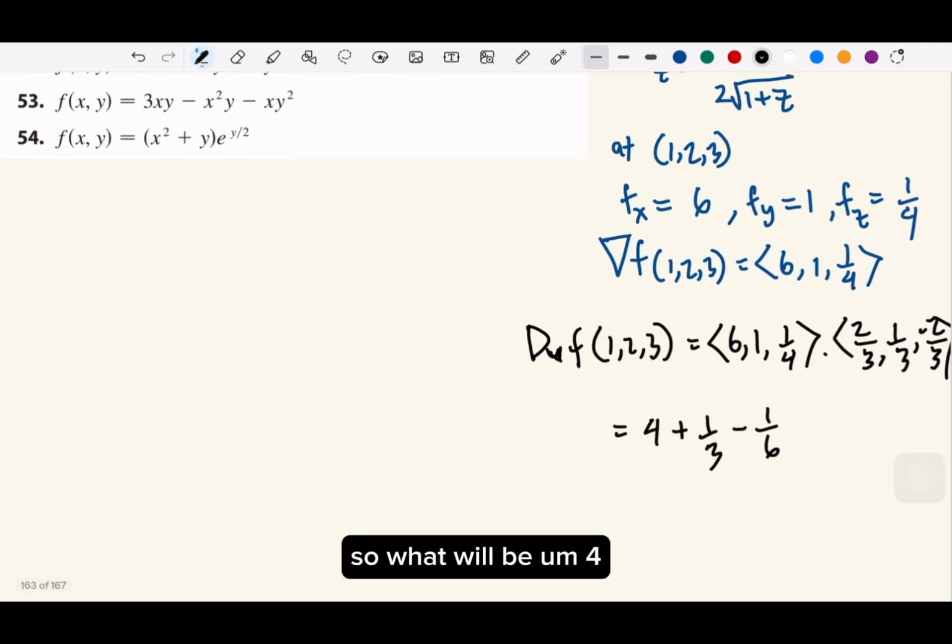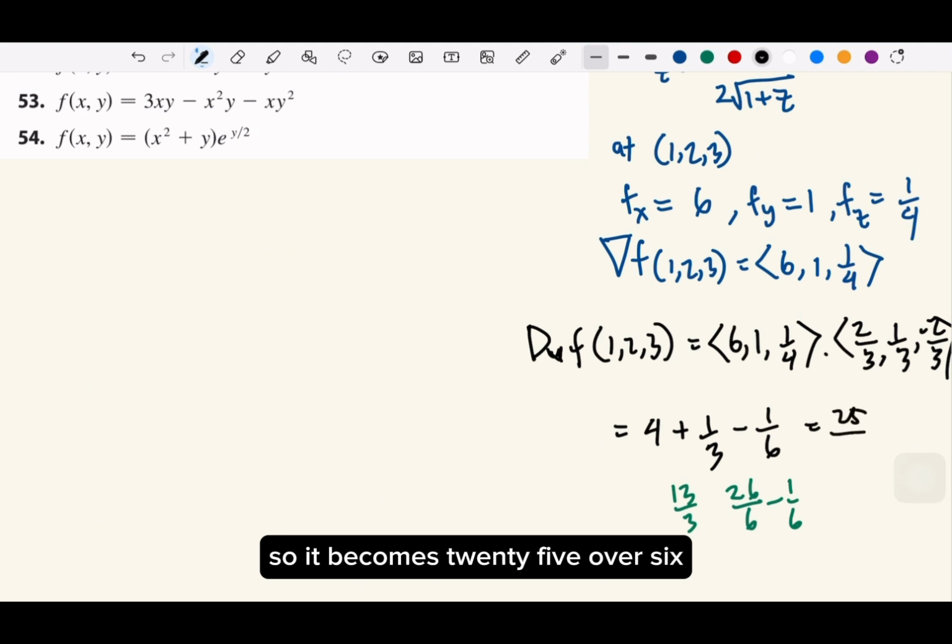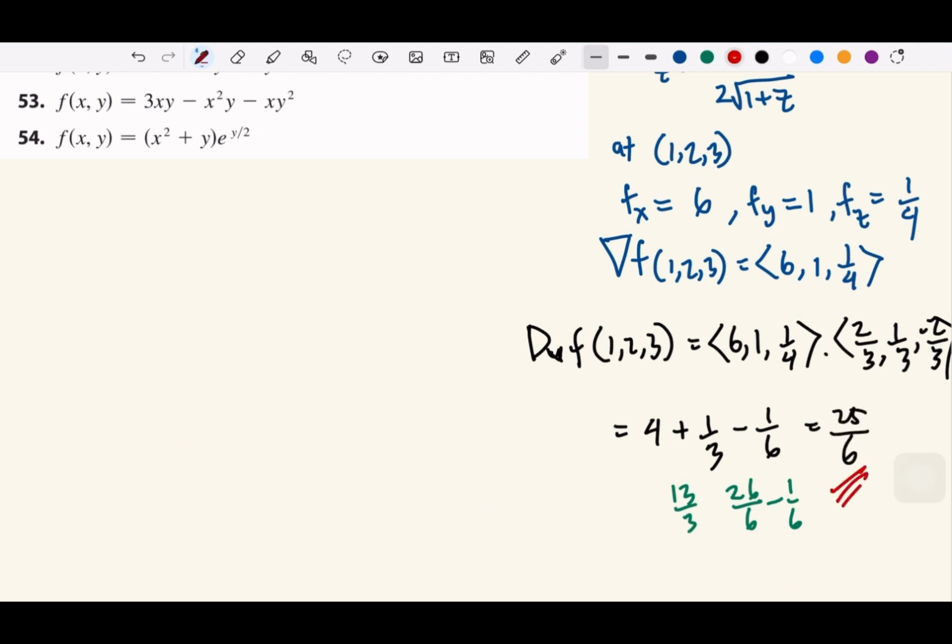So 4 plus 1 over 3 is 13 over 3, which becomes 26 over 6 minus 1 over 6. So it becomes 25 over 6. Okay.